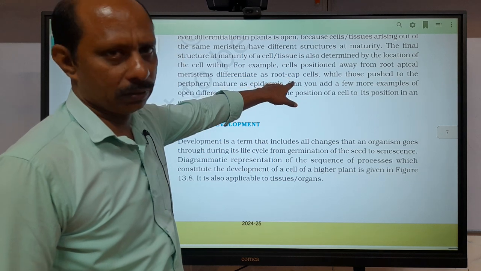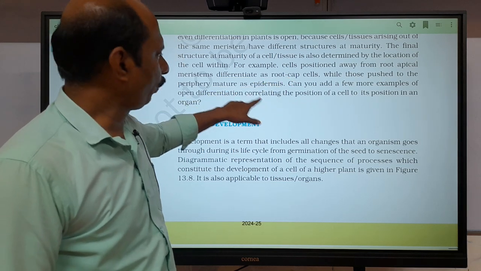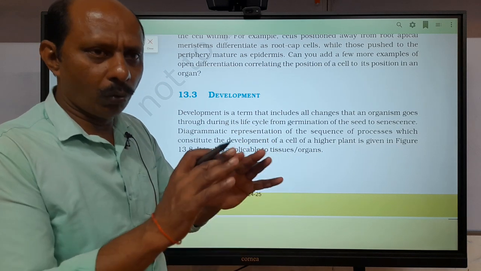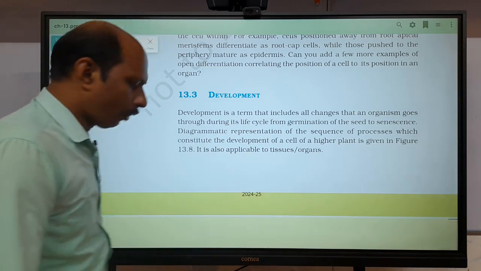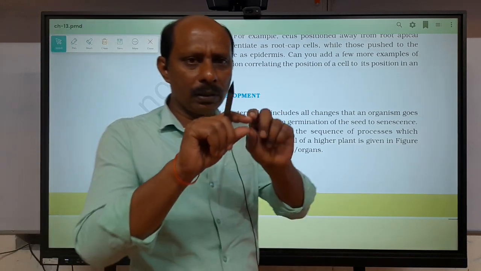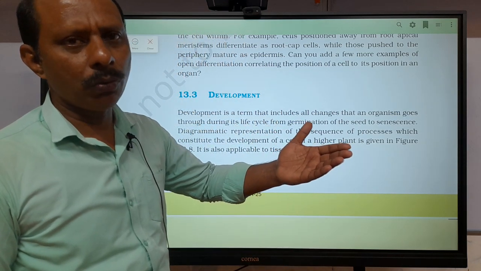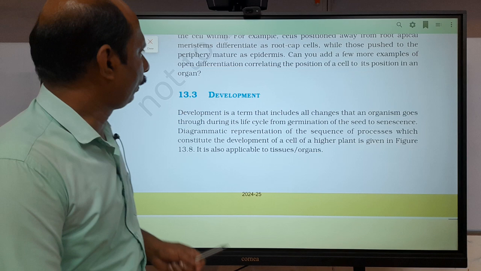This one is given for roots, and when we consider the shoot, we have tunica corpus. The cells of the outermost location form the tunica. Tunica means epidermis. So after some time, they are converted into epidermis, right?